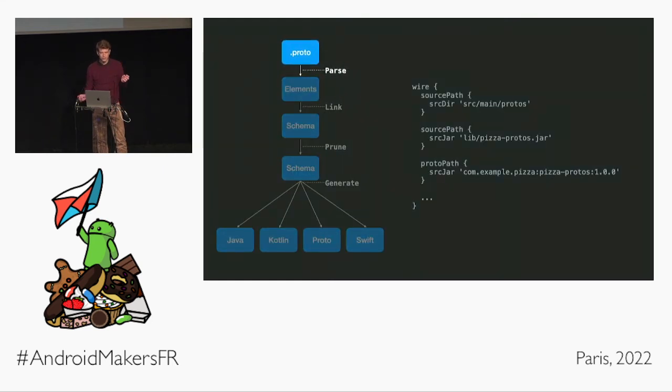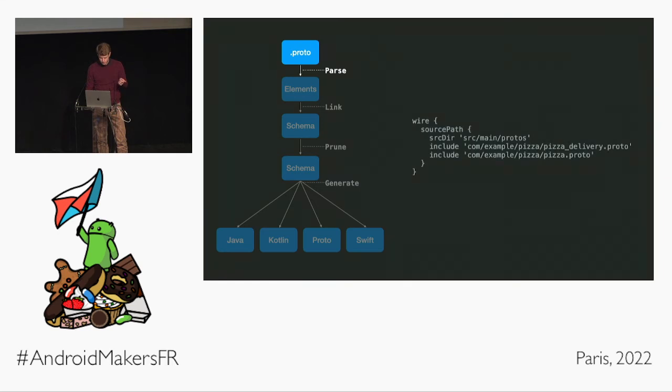So for parsing, you need to tell Wire, this is where my Proto lives. There are 4 ways to pass it. You can pass a directory, a local jar, a remote jar, and you can also now pass modules in the same project. You see that there is source path and proto path. We'll talk about the difference in a few slides.